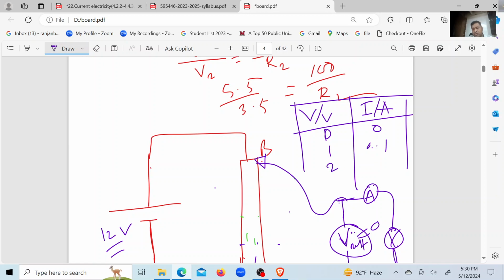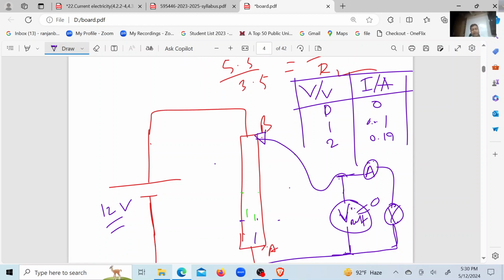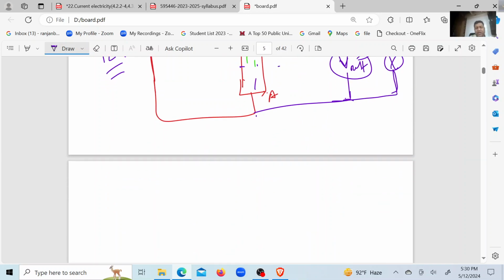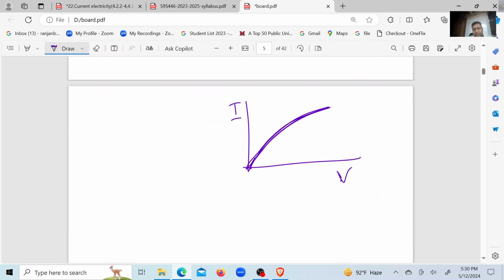For 2 volt, it could be 0.2 or 0.19, whatever. So you can collect data of V and I for different voltages, and then you may plot the IV graph to check that it has the desirable shape, a curve like this, right?